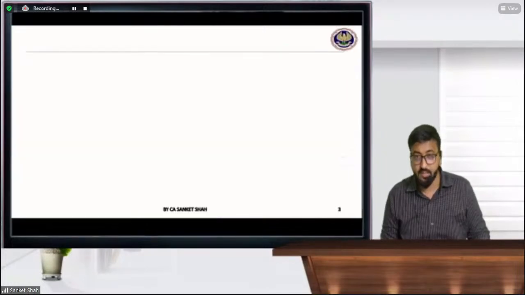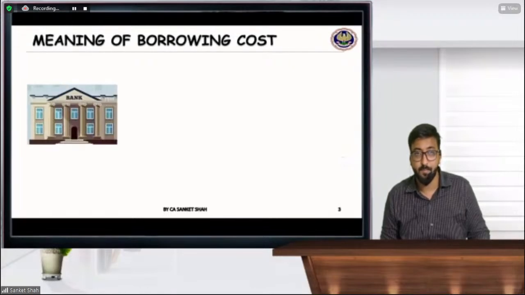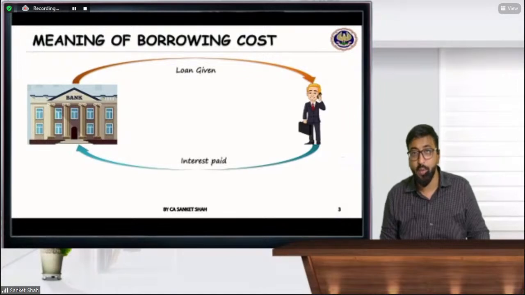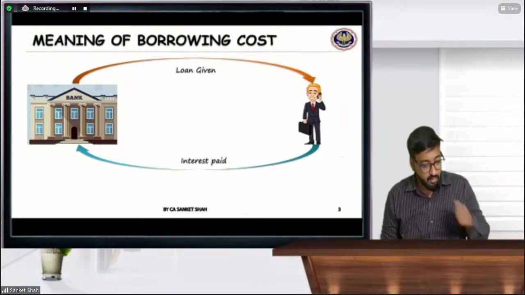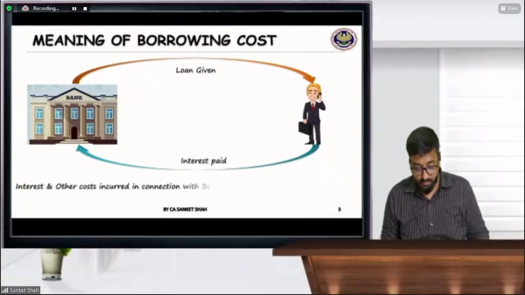Friends, suppose you have taken a loan from the bank. You are a businessman and you have to pay interest. This interest is nothing but a borrowing cost.